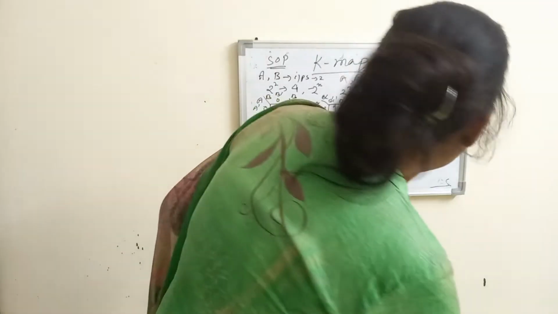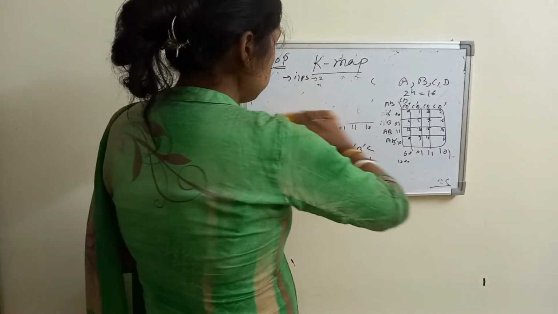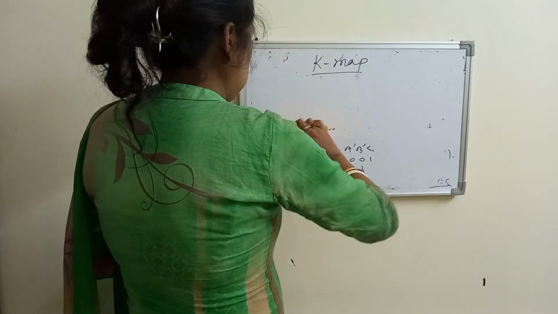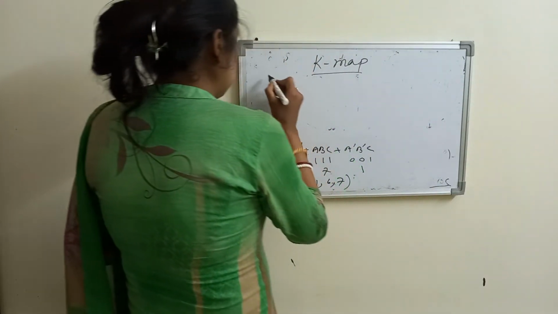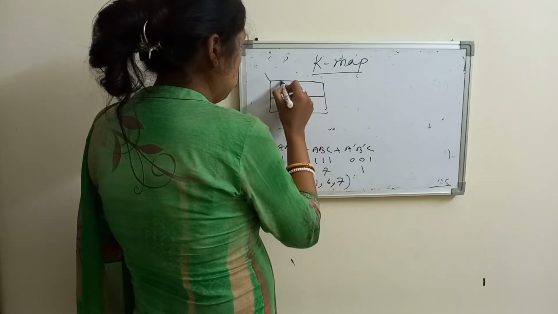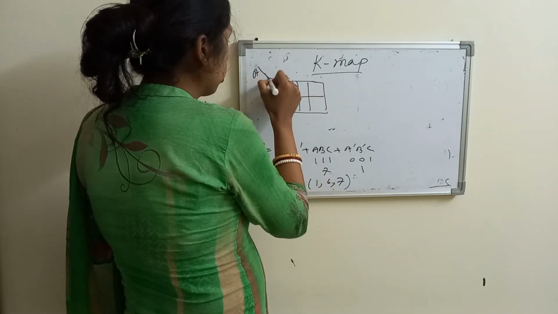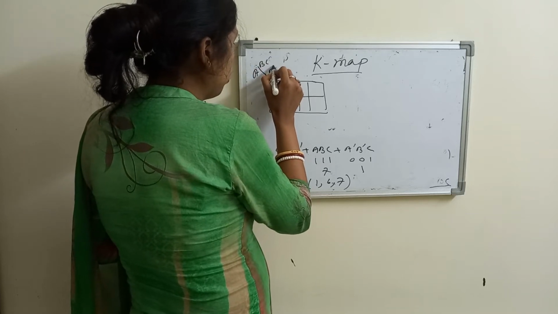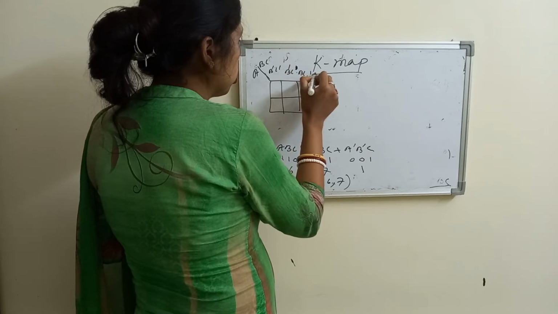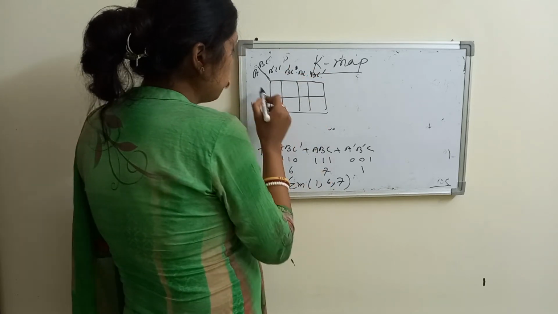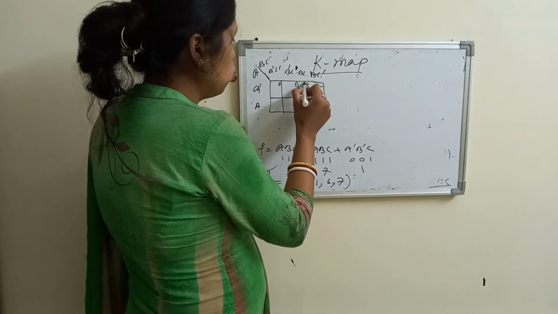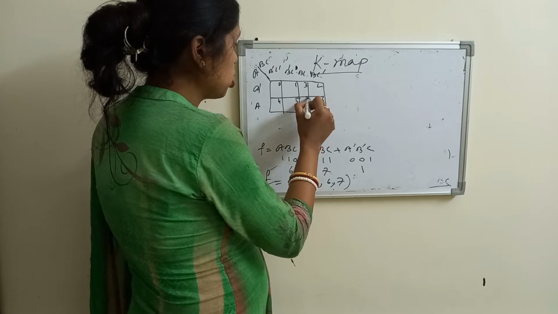I am doing this one again. A B C, B prime C prime, B prime C, B C, B C prime. A prime, A. 0 1 2 3 4 5 6 7.